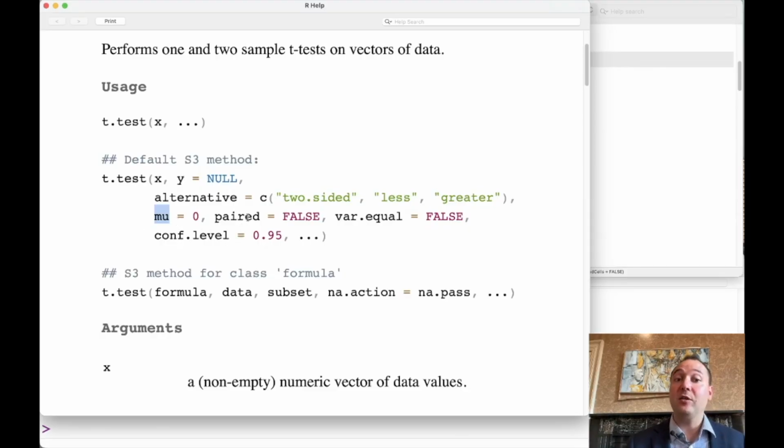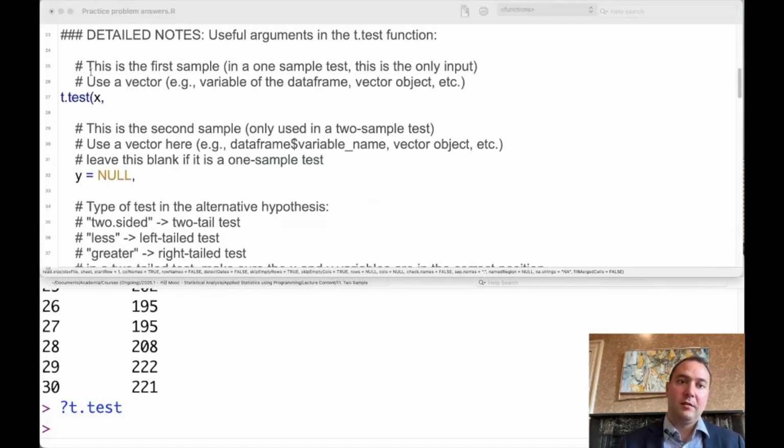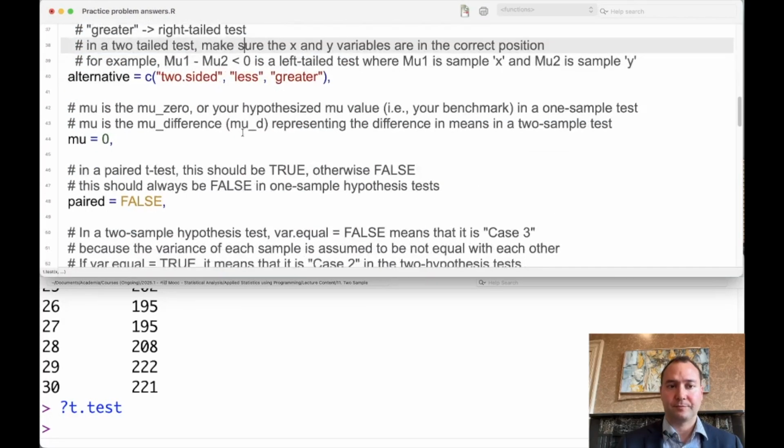If we have a paired t-test, then we can change this paired argument to true instead of false. By default, the confidence level is 95%. In other words, by default, alpha equals 5%. I've included my explanation of what these do here.